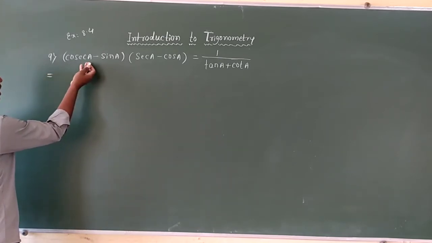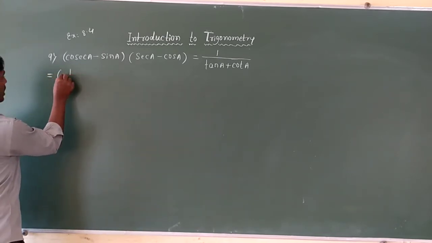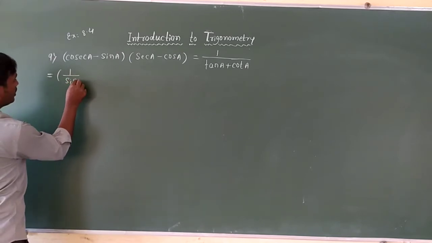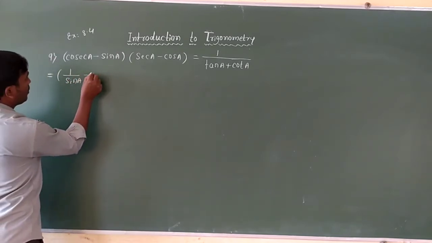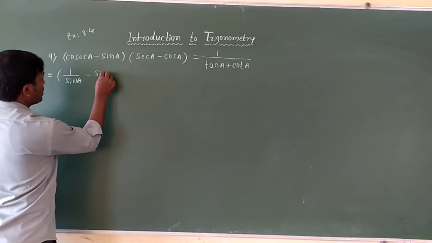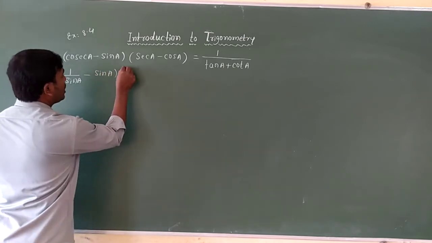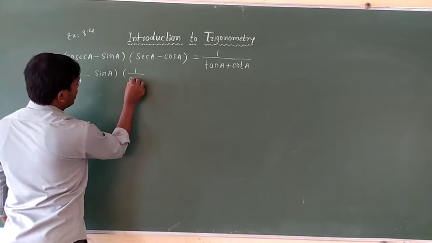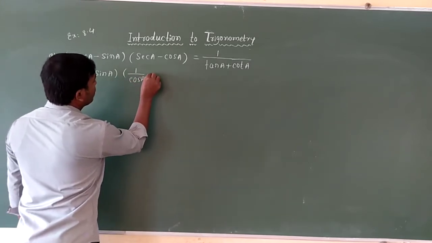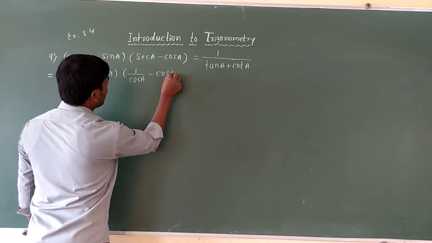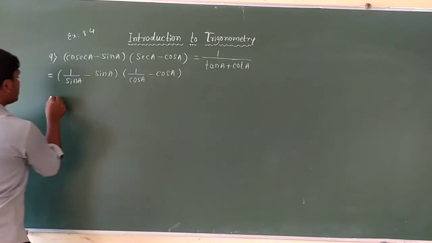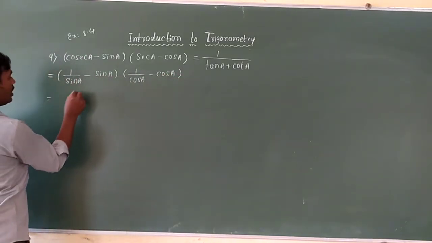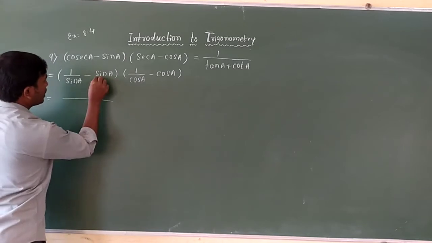Here cosec A can also be written as 1 by sin A, minus sin A as it is. This sec A can also be written as 1 by cos A, minus cos A. Simplify this again. Take the LCM.